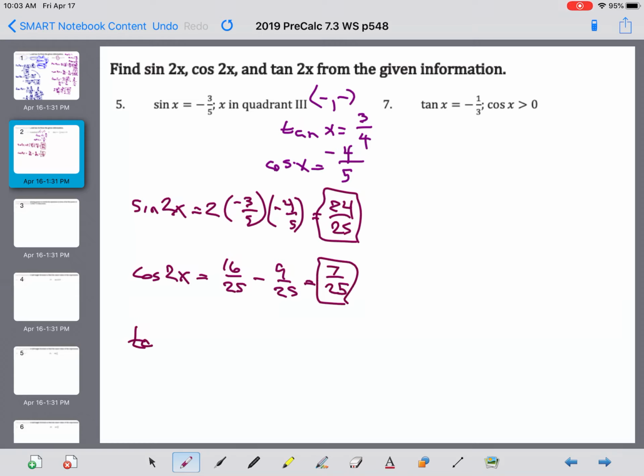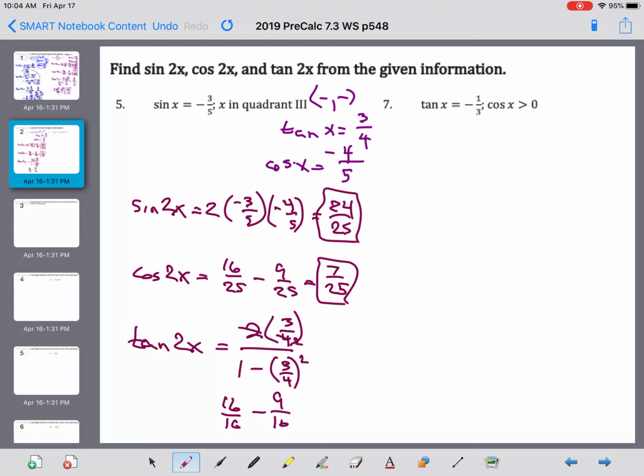And then the tangent of 2x is going to be 2 times my tangent, which is 3/4, over 1 minus 3/4 squared, which is 9/16. 16/16.